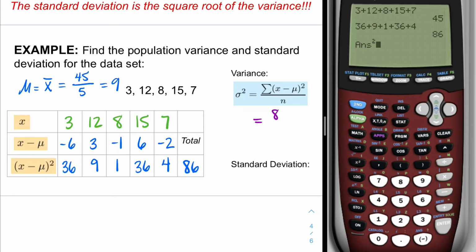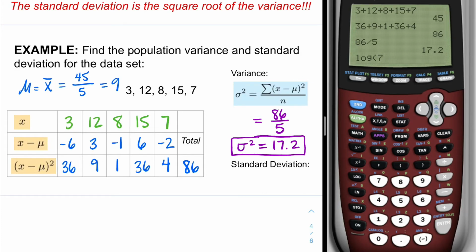The sum of the squares of the differences is 86, and I'm going to divide that by the 5 numbers that I had. If I do 86 divided by 5, I get 17.2. So this is my variance.